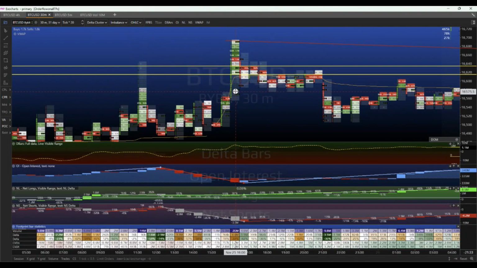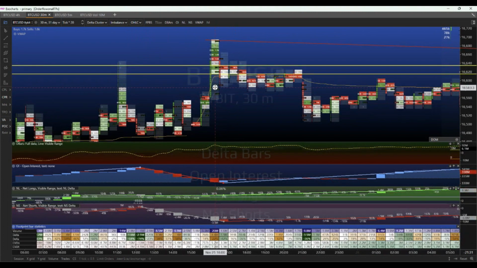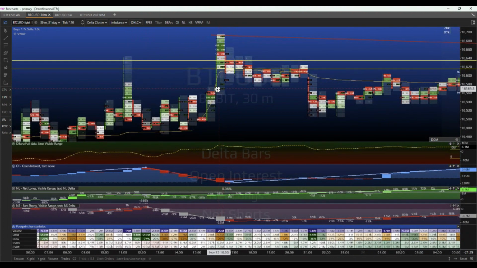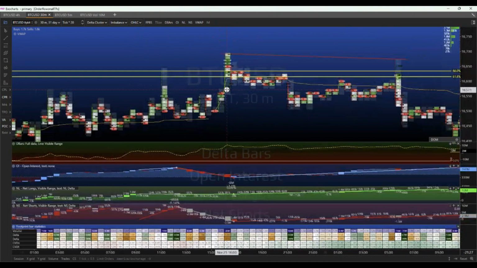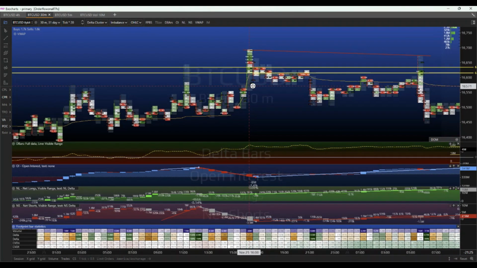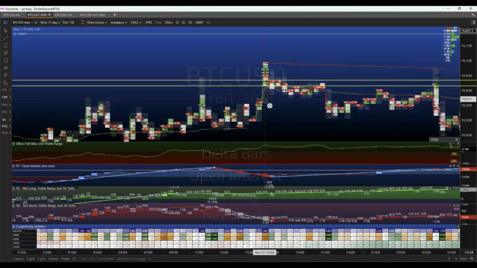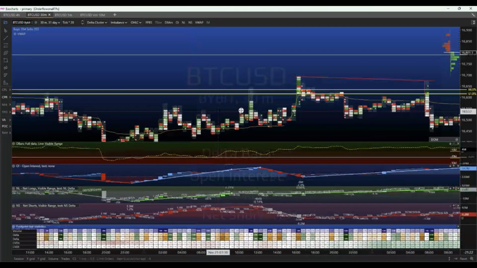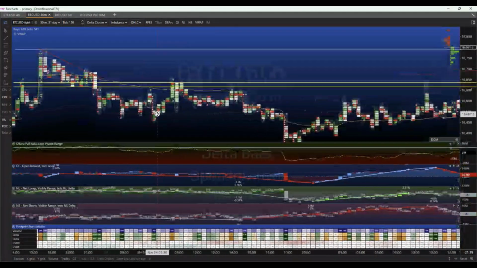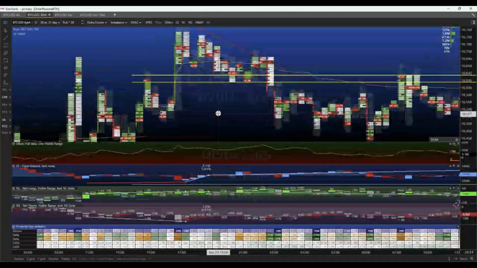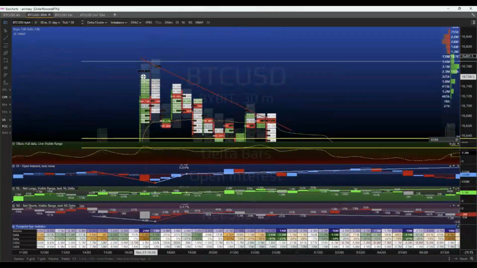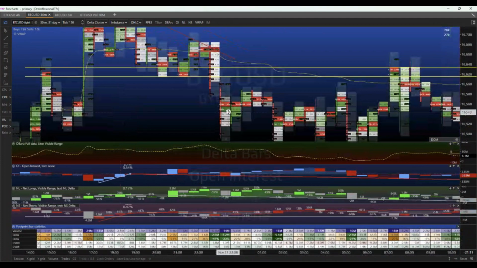Okay, next attempt at the high: on 20 million volume, 4.4 million in positive delta. Remember, we're looking at attempts at highs and attempts at lows, so let's go back. What did we have at this high? It was 24 million in volume, 7.5 million positive delta.